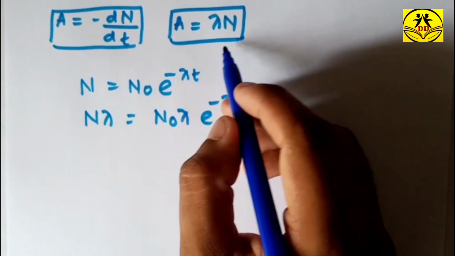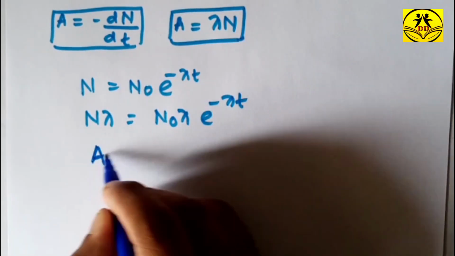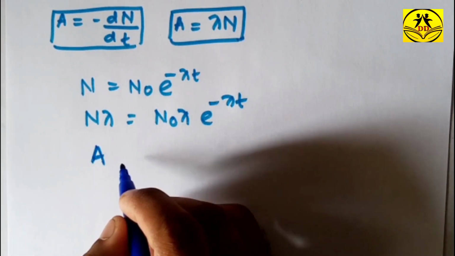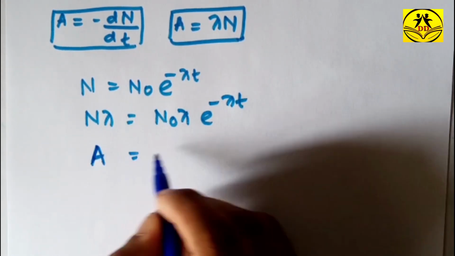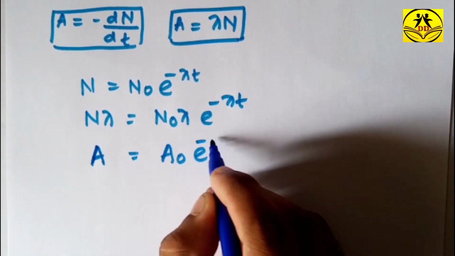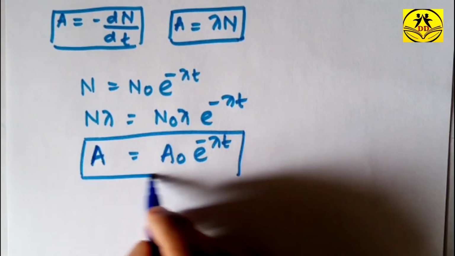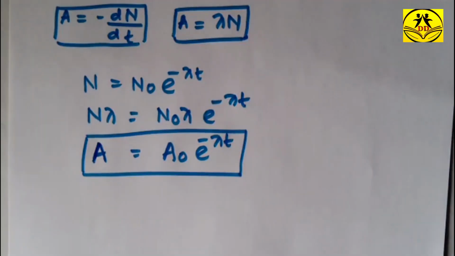As you know, N lambda is equal to A. This is the activity of the sample after a certain t amount of time, and this is the activity of the sample initially present. So we can derive this equation, which denotes the activity of the sample after a t amount of time.